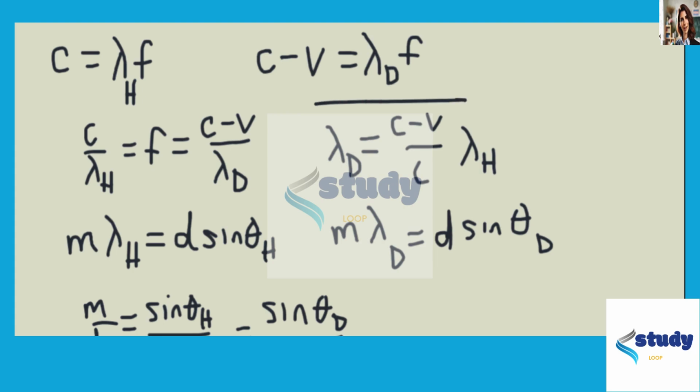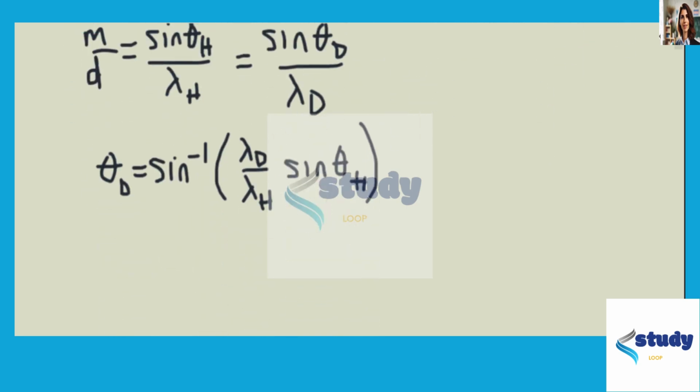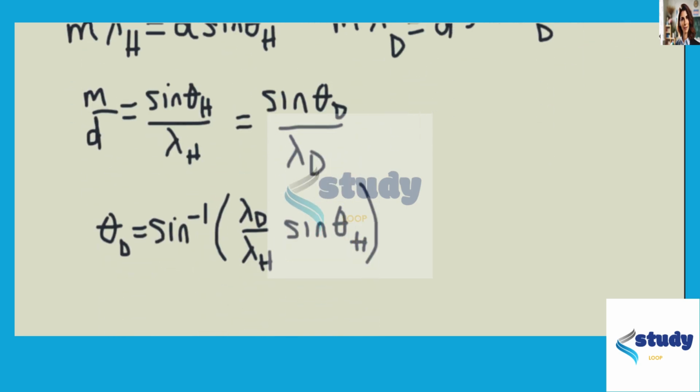But up here, I know that lambda d over lambda h, just rearranging a bit, is c minus v over c. So now that's going to be the inverse sine of c minus v over c sine of theta h.